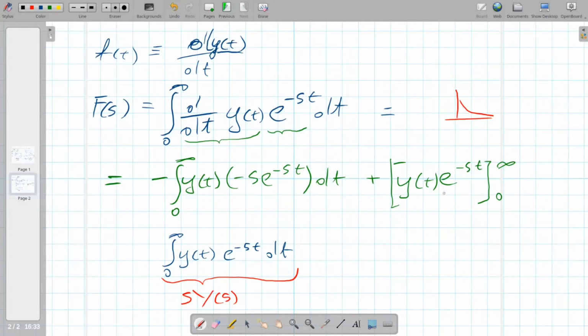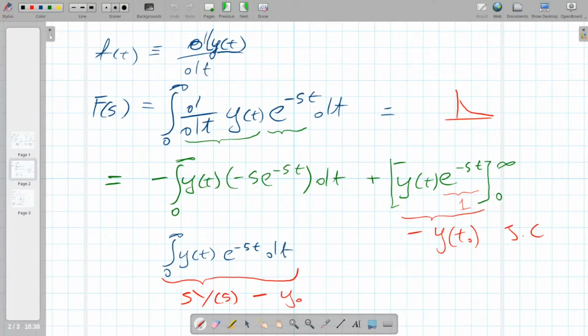All of this exponential is 1 when t is 0, so I only have y of t when t is 0, so I have y of 0, which is my initial condition. And I also have a minus sign here. Why? Because I subtract the lower limit from the upper one. So I have minus the initial condition.